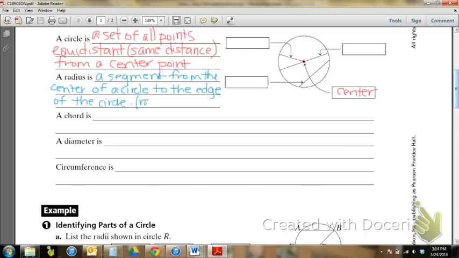And it's important to know that the radius is 1/2 times the diameter. And that's a times, not a subtraction. Okay, so where do we see a radius? From the center of the circle right out to the edge, that is your radius.